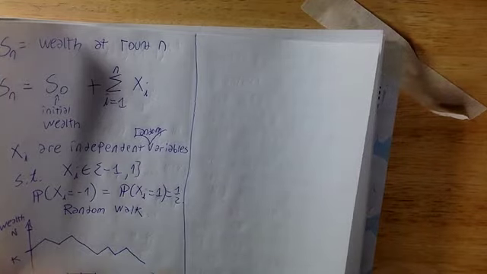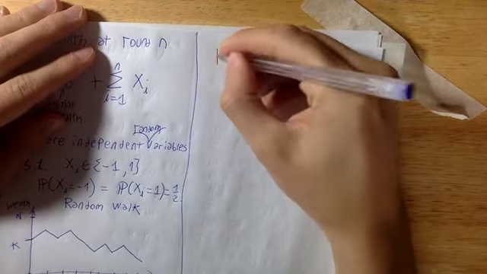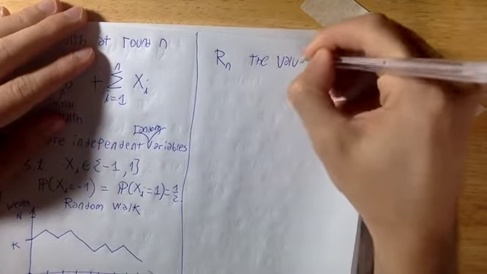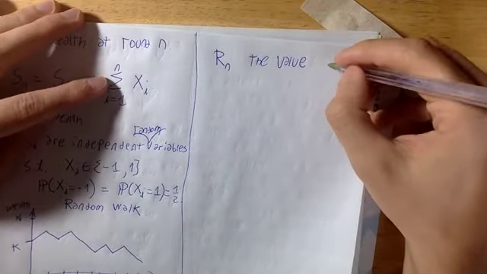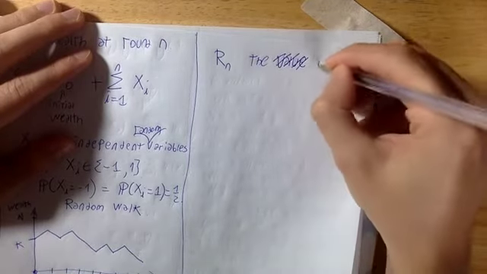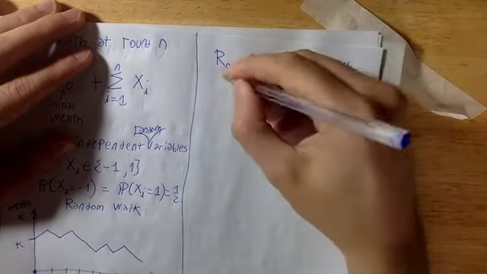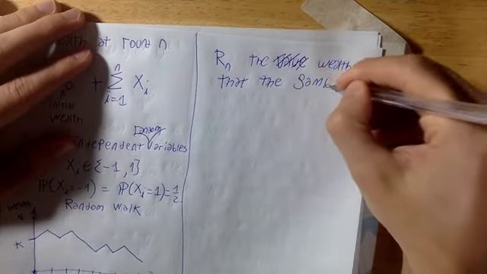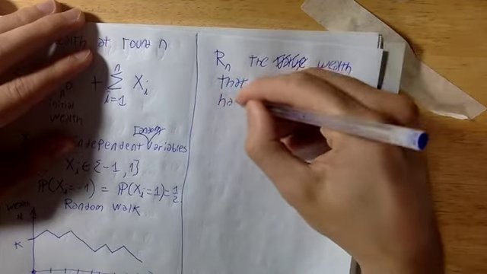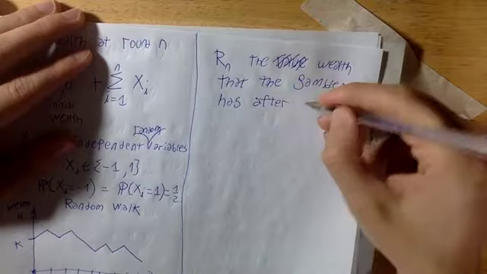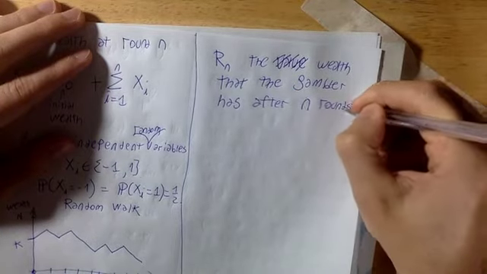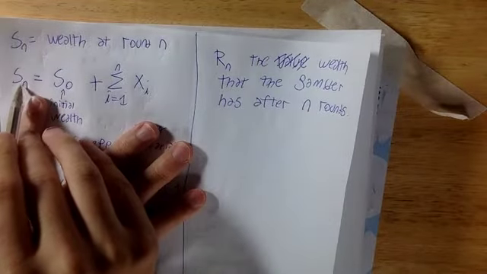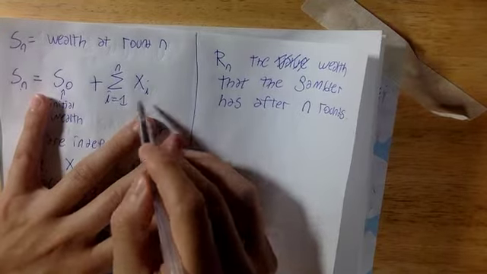Okay, so let's consider Rn to be the wealth that the gambler has after n rounds. But now why is this different from Sn? So Sn is the wealth around n, assuming I haven't won.